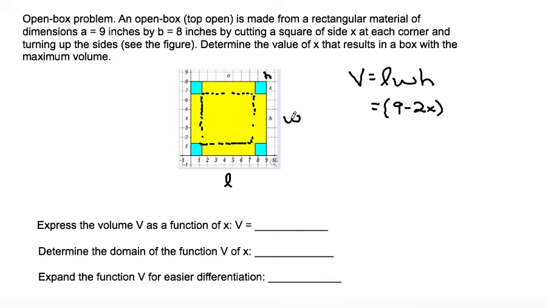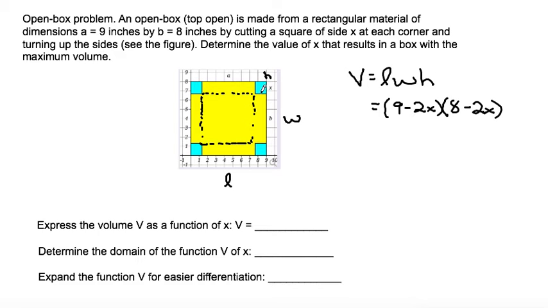To find W, it's a similar idea. We start with the full length, that is the length of B, which is 8. But we need to subtract out an X that gets removed on this side, and another X that gets removed on this side. So it'd be 8 minus 2X.